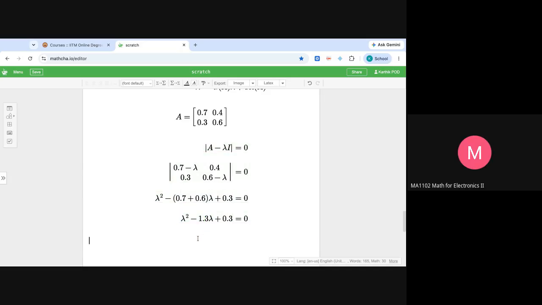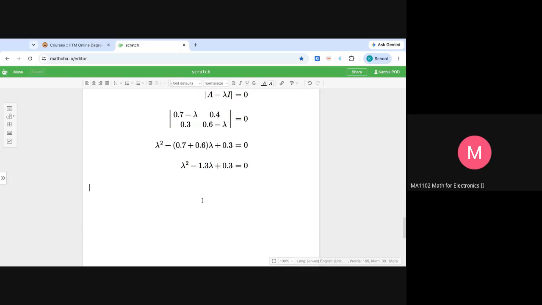Then we just have to solve this. How do you factorize 0.3? Maybe just directly use the quadratic formula.